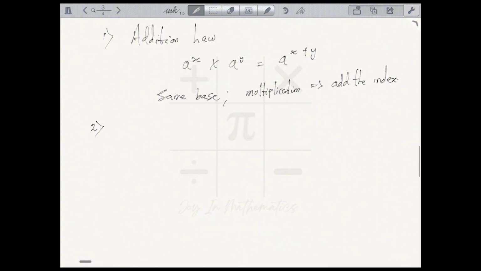Number 2, we have the subtraction law. In the subtraction law, it is given that when we have a raised power x divided by a raised power y, the result is a raised power x minus y.